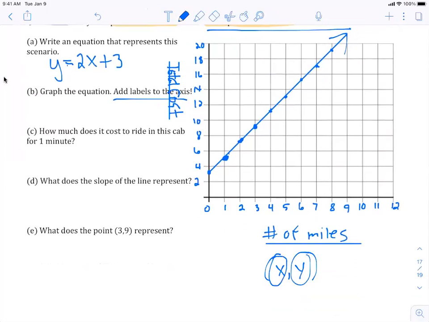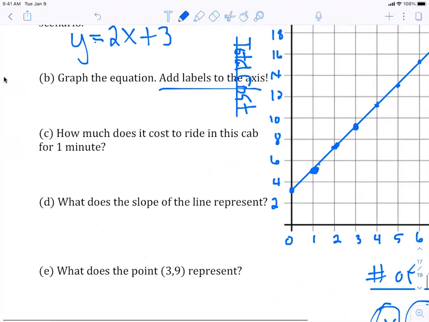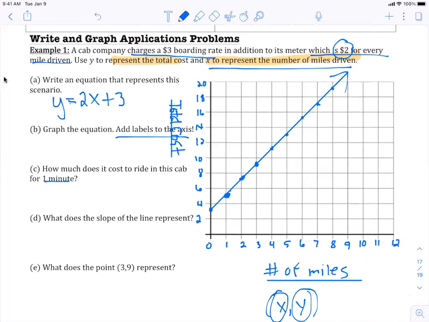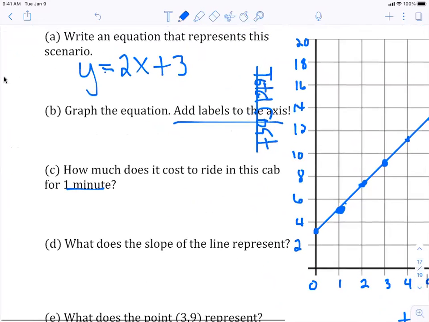Part C says, how much does it cost to ride in this cab for 1 mile? Sorry, it should have said for 1 mile, not minute, since time isn't involved.